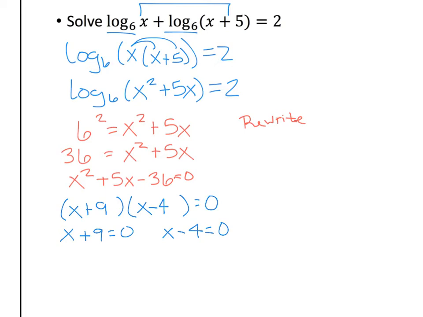All right, so I'm going to subtract the 9 over, so I have x equals negative 9, and x equals 4. All right, so this process was a little bit different because we had to combine our left side of our equation first, and then we eventually had to rewrite it into exponential form because we had the 2 on the right side that didn't have that log there.